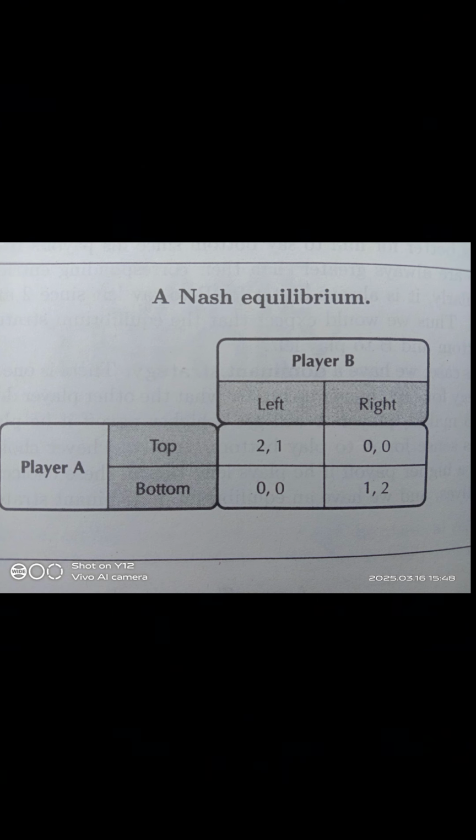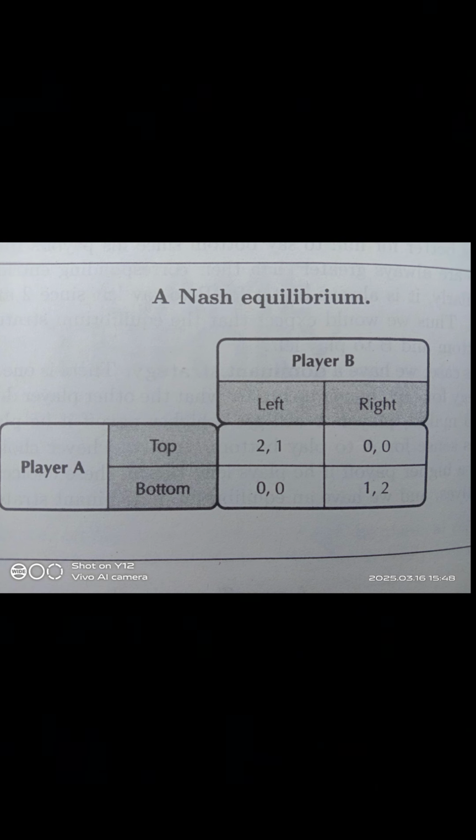This is the problem. In the last video I said that an equilibrium will happen when there is a dominant strategy in game theory, but this dominant strategy may not always exist. For example, let us observe the table given in this video.